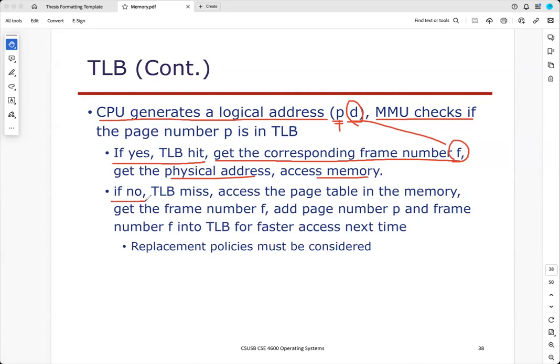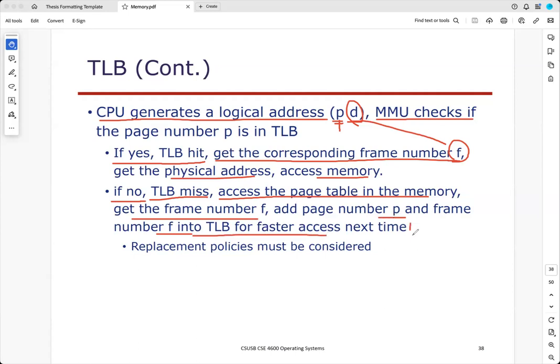If the page number is not in the TLB, we have a TLB miss. Now the CPU needs to access the page table in the main memory and get the frame number from the page table. And then add the page number and frame number into the TLB for fast access next time.